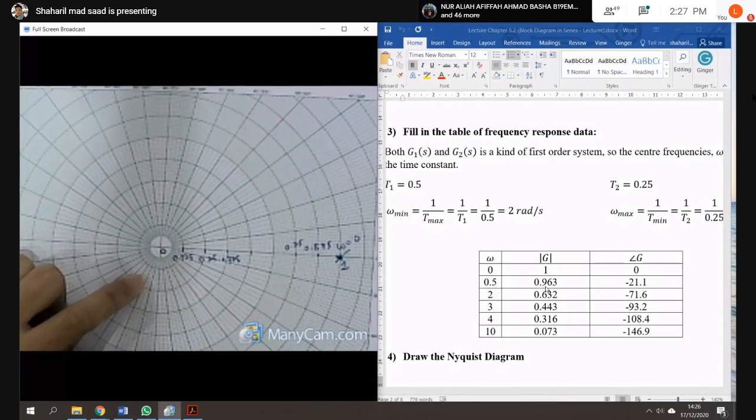The magnitude is 0.963, and then the angle is minus 21.1. So 0.963, how are you going to plot it in your graph here?